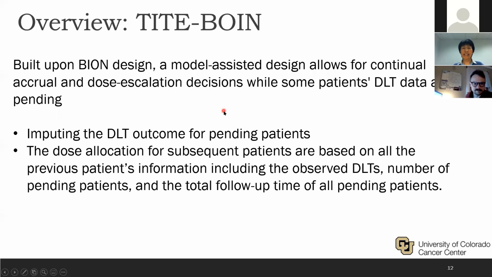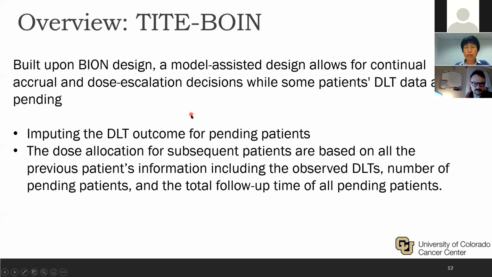The time-to-event BOIN design is another design which can accommodate late-onset toxicity, which is built upon the BOIN design. The BOIN design is a model-assisted design. So the time-to-event BOIN design allows for continued accrual and dose escalation decisions while some patients' DLT data are still pending.